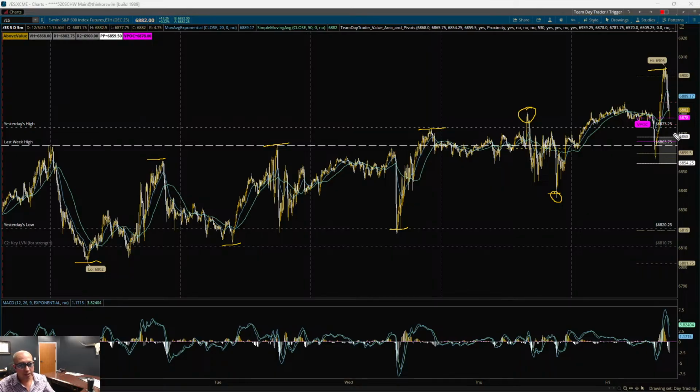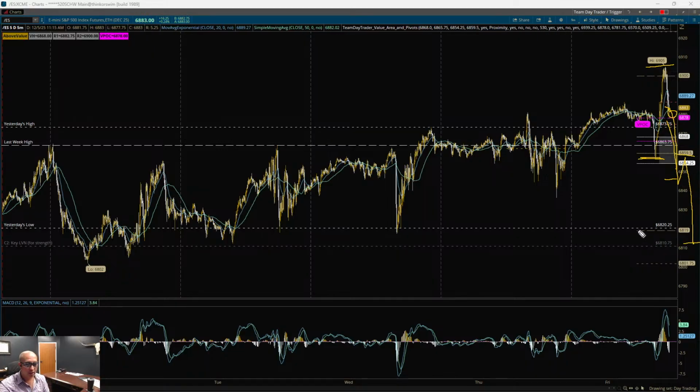Now where I turn bearish and start selling the rips is if this price undercuts this low and then holds a pullback and makes a lower low, because that's when it changes. Now the sequence is I've made a high, a low, a lower high and a lower low. I'm looking for that continuation in a trend, and that's when I flip.